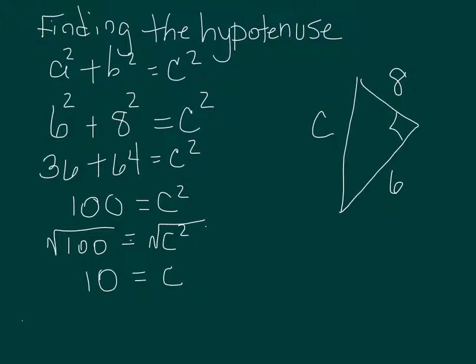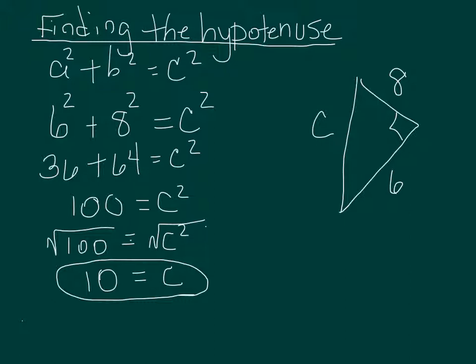The square root of c squared is c. So the hypotenuse is 10. So we have found the hypotenuse when we knew the two legs. If you need to go and review this page again, you do so.